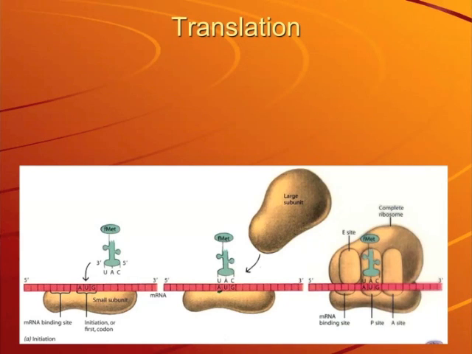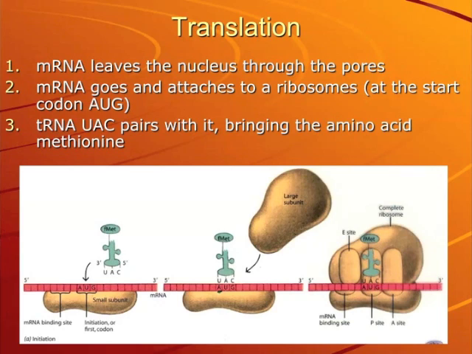Translation occurs in a few different parts. The first 3 are very, very important. The mRNA has been transcribed and leaves the nucleus through the pores. Then the mRNA goes and attaches to a ribosome, and it's always at the start codon, as you see, AUG.